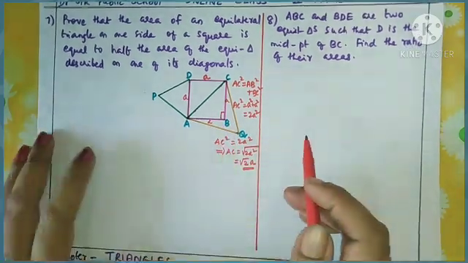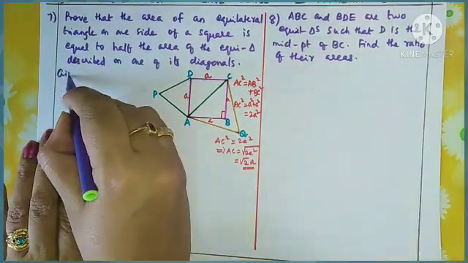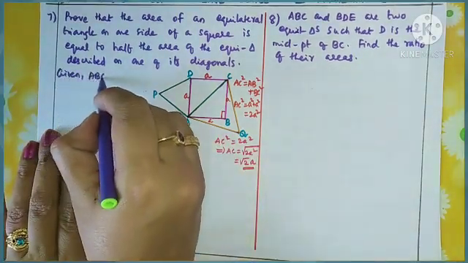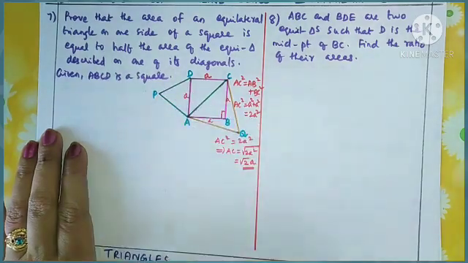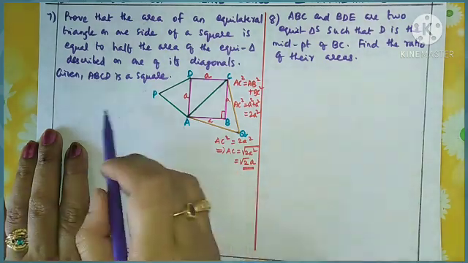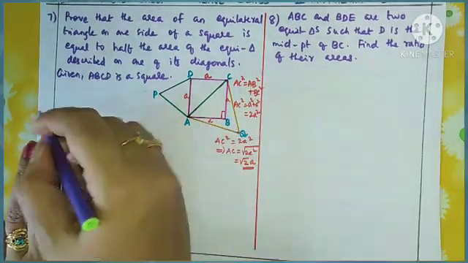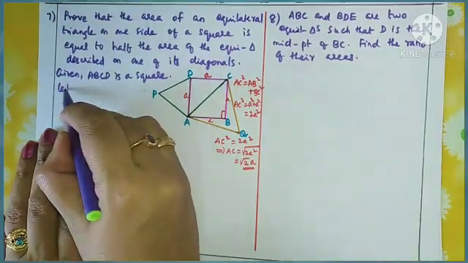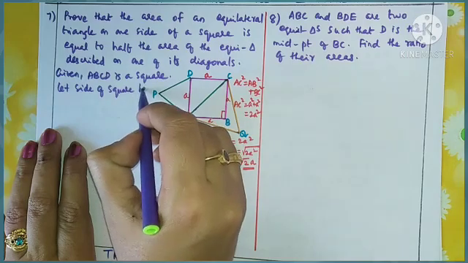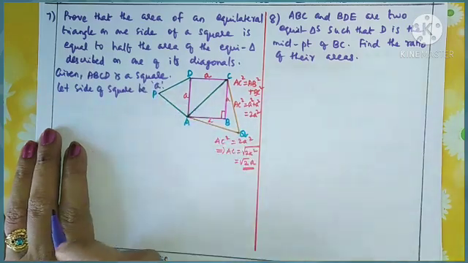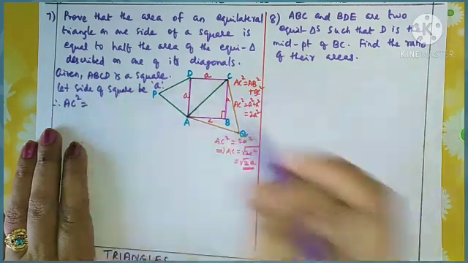So now we can proceed with the problem. So first you want to write given: ABCD is a square. Okay, ABCD is a square given, and this I did to help you understand how we got this AC. So you can write like this: let side of square be A. Okay, we have taken A, therefore AC square, I am writing directly.